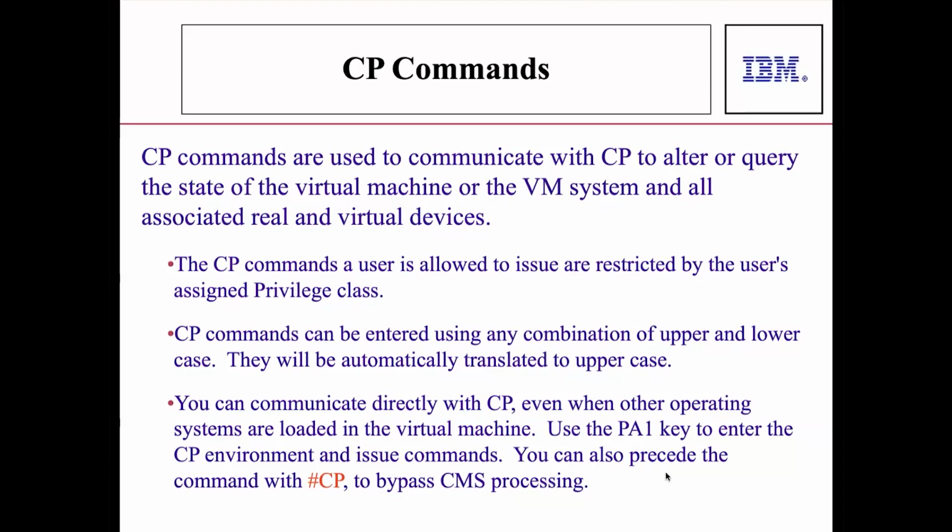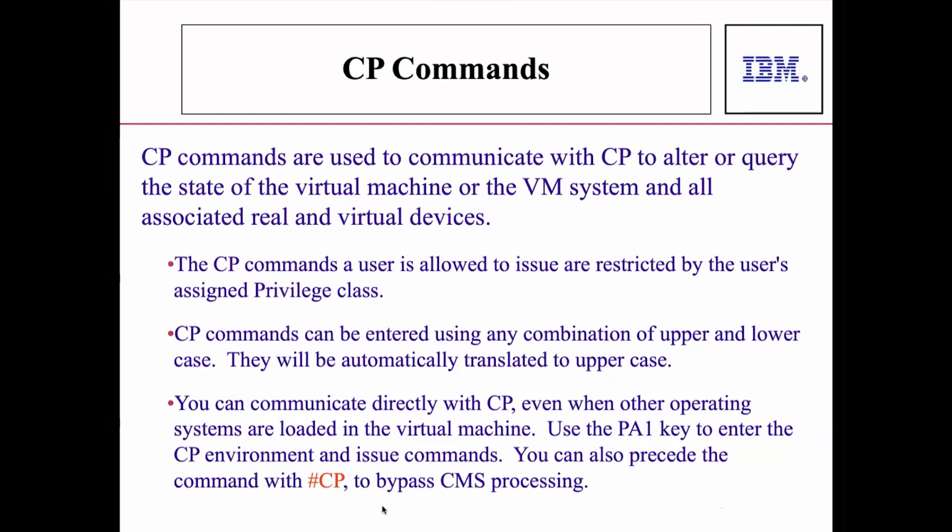And that basically sends an interrupt to CP and says, okay, I want to talk to CP. Then what you'll see, the status will change to CP read. That status down in the lower left corner would say CP read, because now CP has said, you want to talk to me? Okay, now tell me a command, and I will do it.